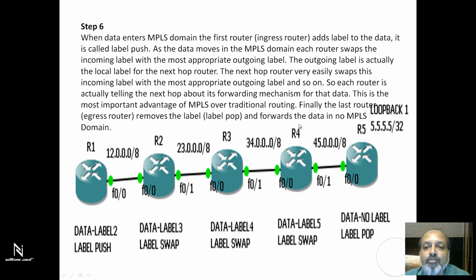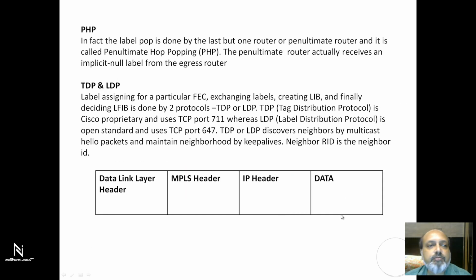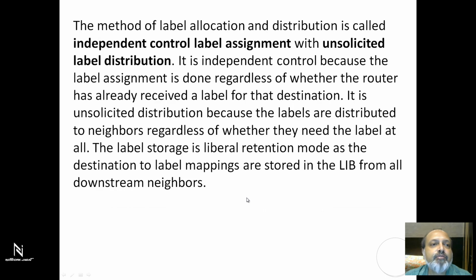So whenever R4 receives a label for a particular destination where it is written implicit null, R4 will understand that with respect to this destination, it is the penultimate router and needs to extract, or pop, the label for that destination. So this is called penultimate hop popping. I hope this is very clear. We have already discussed this.